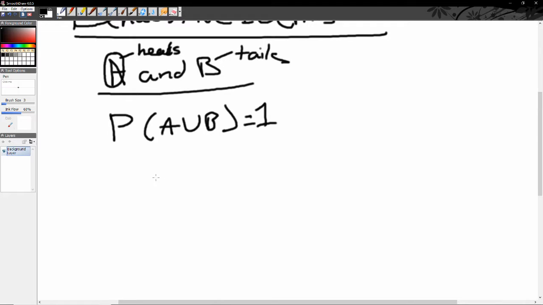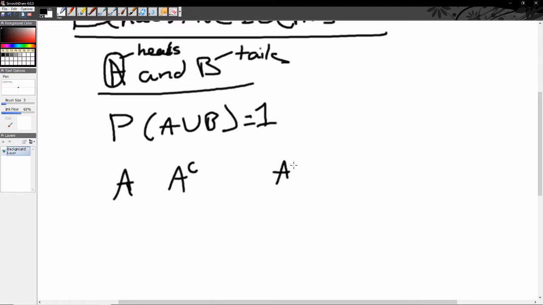Now another thing about exhaustive events is with what is called complementaries. So you have A, right? But then you can also have not A. We write this as A with a little subscript C up at the top. So for example, if A is the probability you flip a coin and it gets heads, A complement is the probability that you flip a coin and it is not heads.